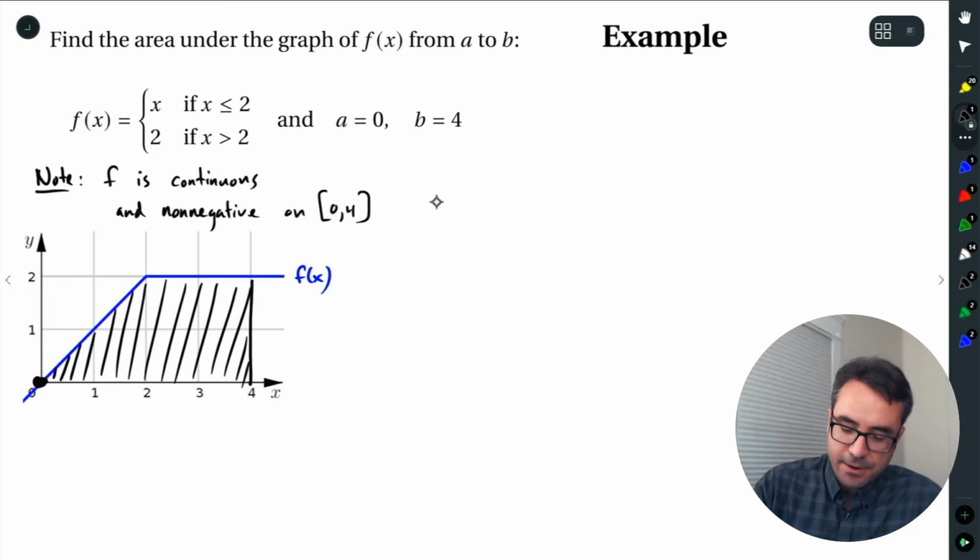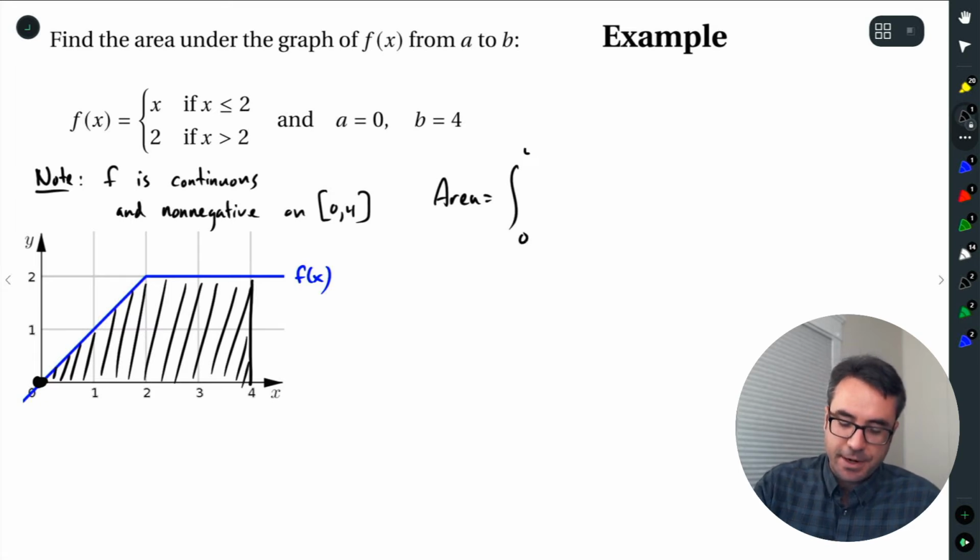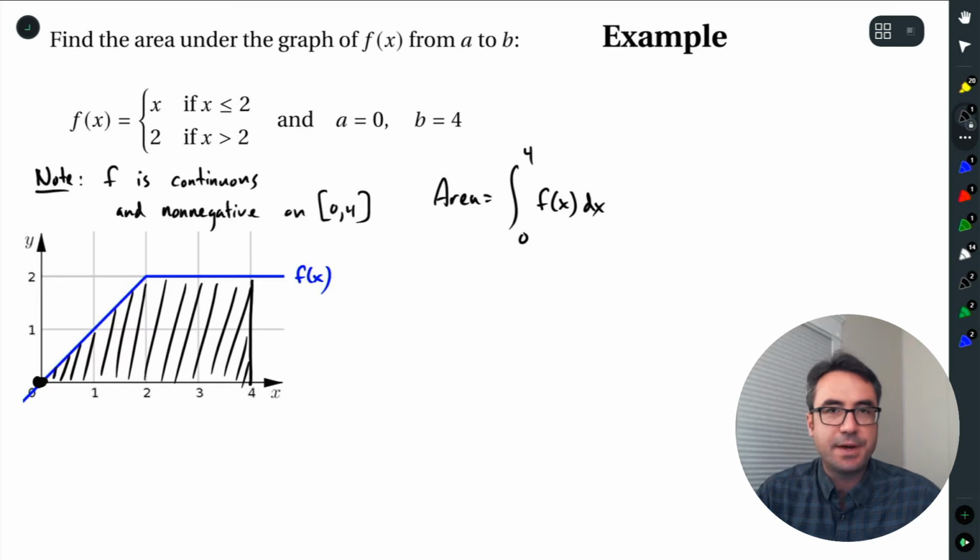All right, so then the area calculation, to calculate the area for this region, all we have to do is integrate from 0 to 4 our function. Now the issue here is, how do we integrate a piecewise function? This might be the first time we're seeing something like this.